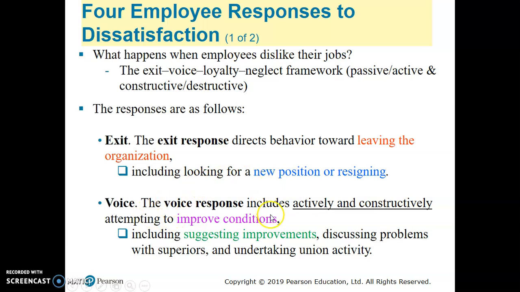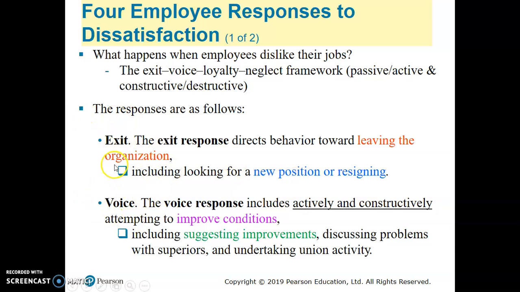Voice means they actively, constructively tell the organization how to improve the conditions. That means they don't just keep quiet and passive, but they actively, constructively try to overcome the problem by talking to the managers, to the organization, and so on. So they may suggest improvements, they discuss the problem with their superior, and so on. So this is more productive.